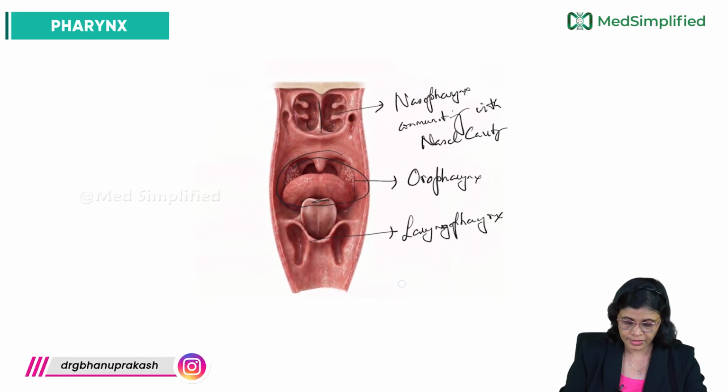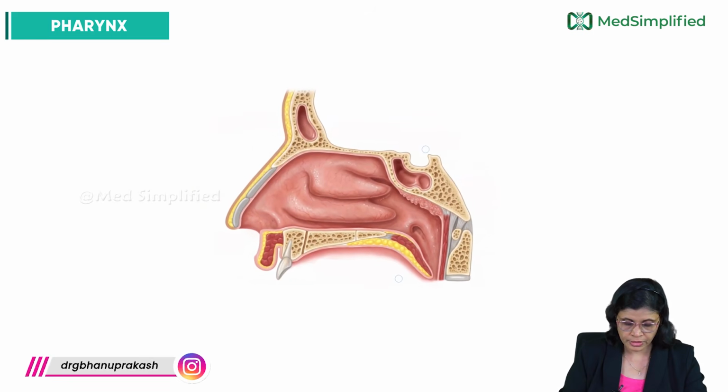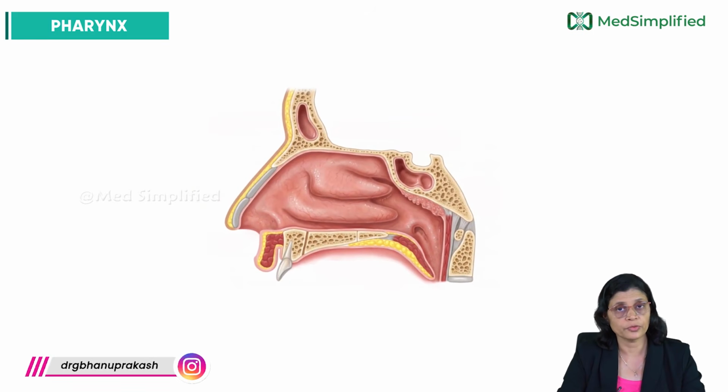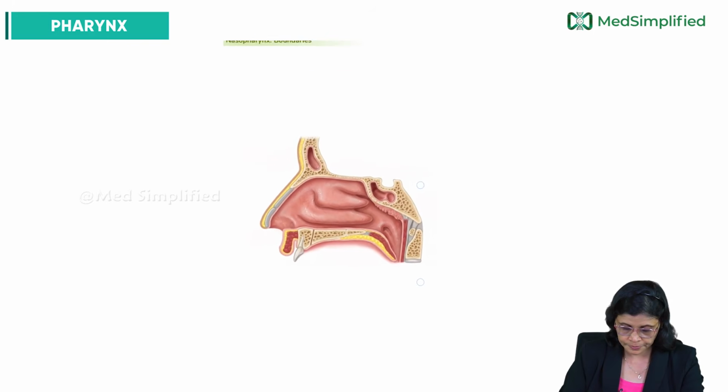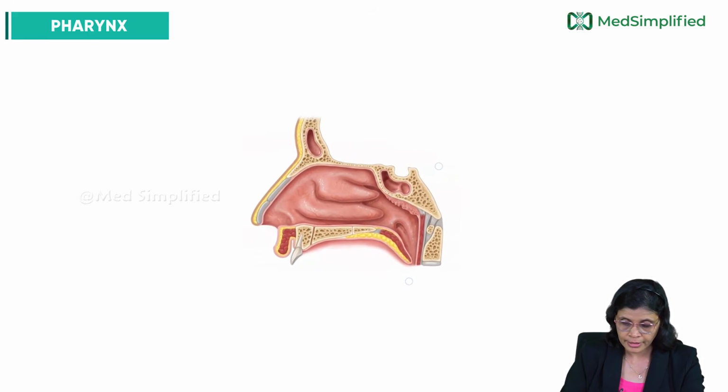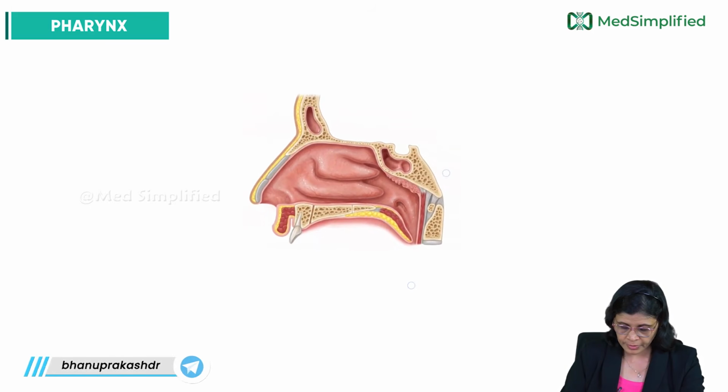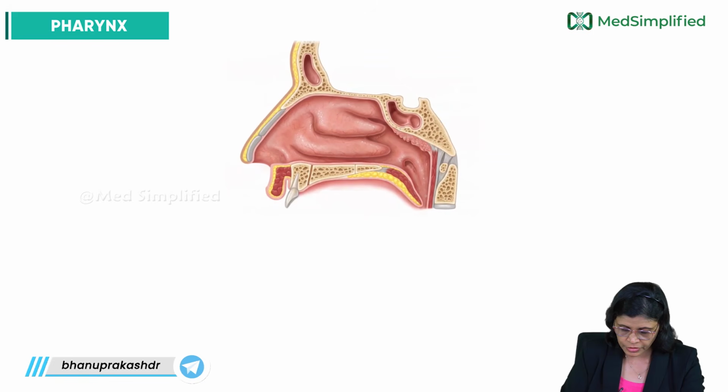Anteriorly, we see these structures. First, we will study the boundaries of the nasopharynx and its important features. The nasopharynx is the portion of the pharynx located behind the nasal cavity.